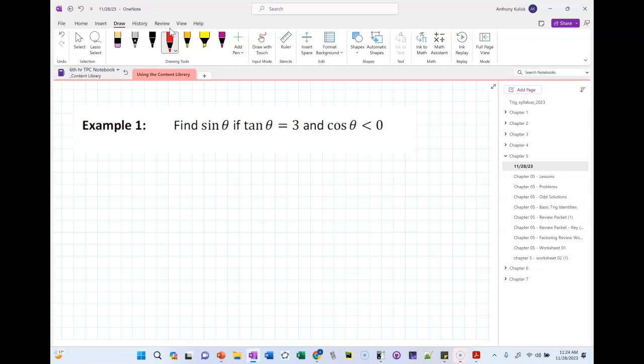This question says, find sine of theta if tan of theta is equal to 3 and cosine is negative. So first thing I want to do is deal with this part of it.